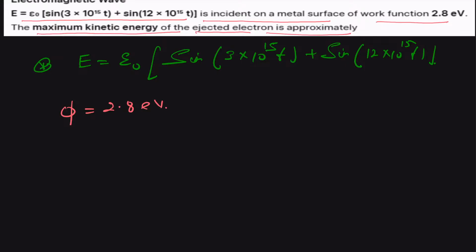We have to find the maximum kinetic energy of the emitted electrons, and that is because of the photon energy.